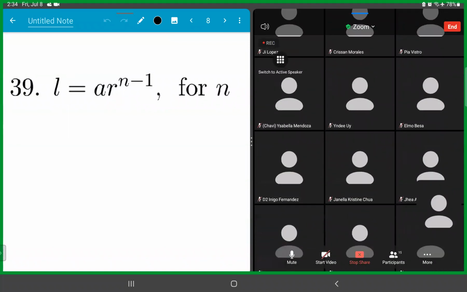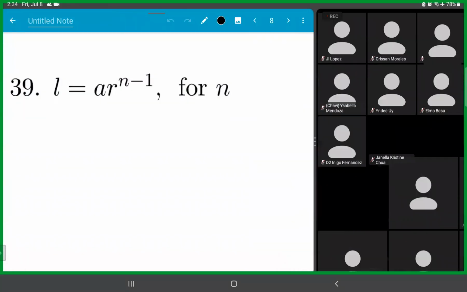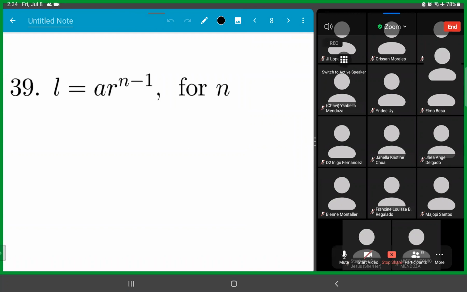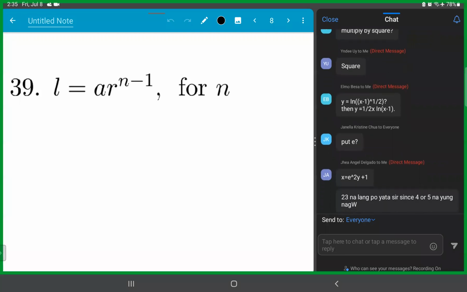Only 14 ang nag-a-attend. Meron kayong 27 o 28, or 23.